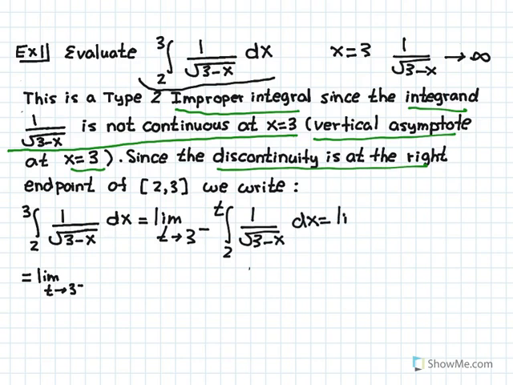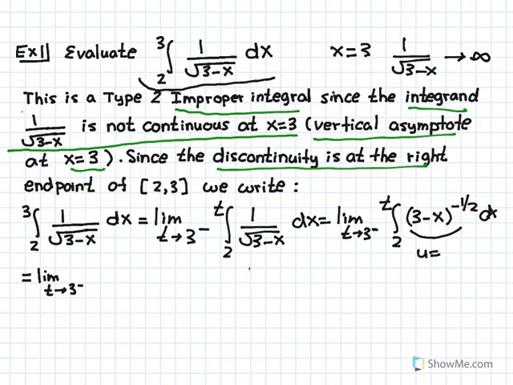This is equal to the limit as t approaches 3 from the minus side of the integral from 2 to t. Let's rewrite the integrand as 3 minus x to the power of negative 1/2 dx. So we get the limit as t approaches 3 from the minus side. We're going to integrate this. We're going to basically reverse the power rule. There's also a u substitution.